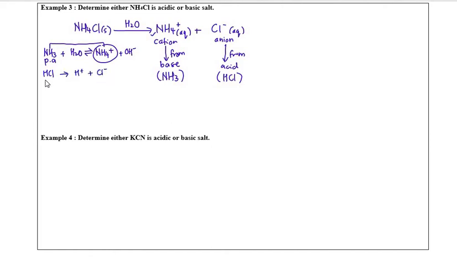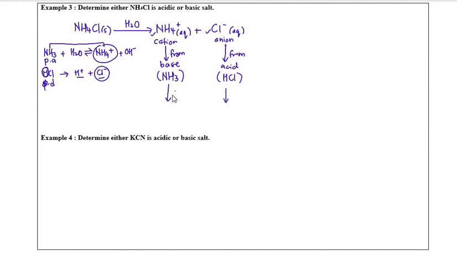This is a proton donor. It loses this H, and will become H+ and Cl-. This ion is similar to what we need in this equation. After you choose the suitable base and acid, what you have to do?